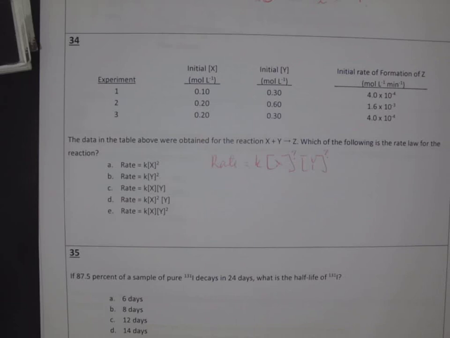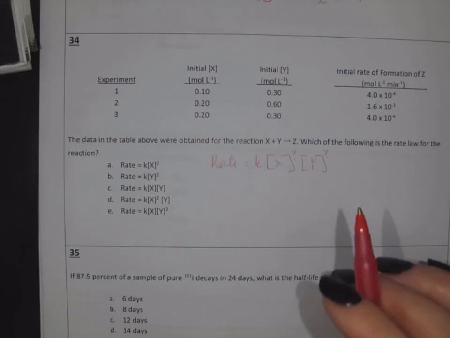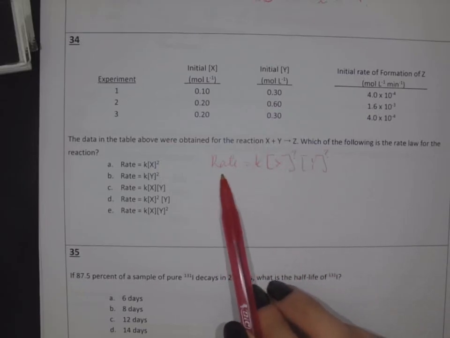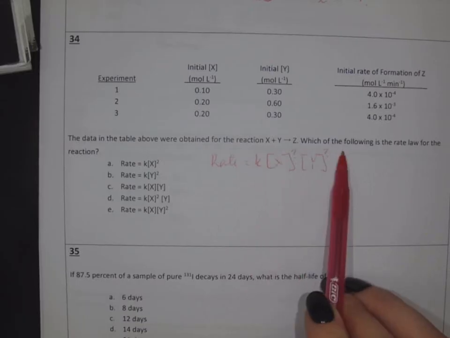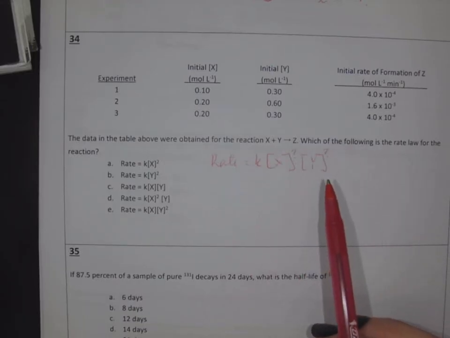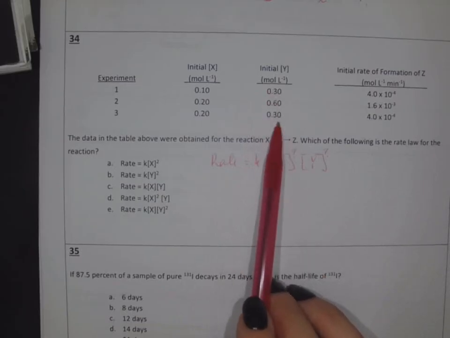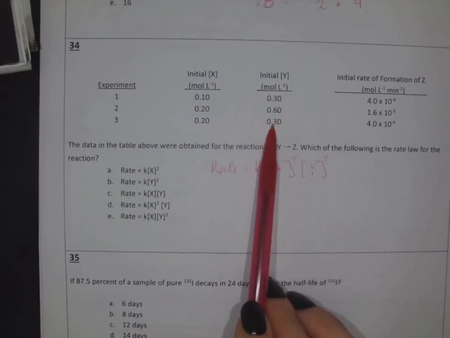Now, we need to see how changes in these concentrations impact the rate, and that will tell us what these orders are. So to figure out what's going on with X, I need to pick 2 experimental trials where Y stays the same, because I don't want this to have any impact.